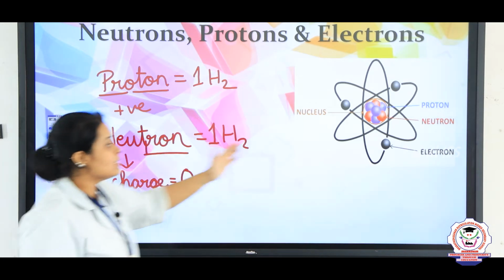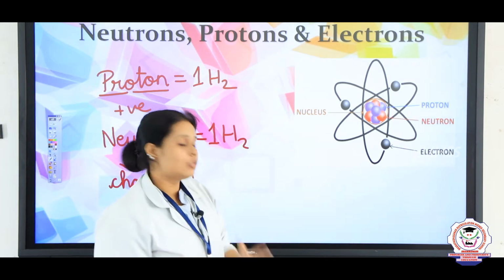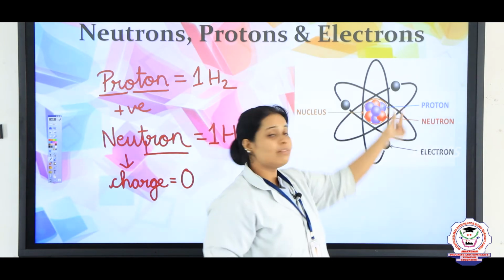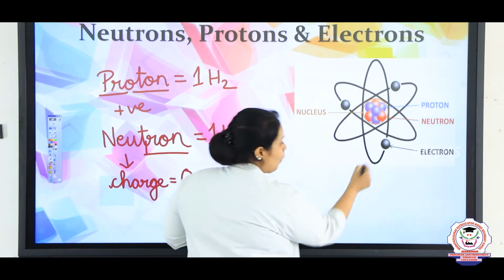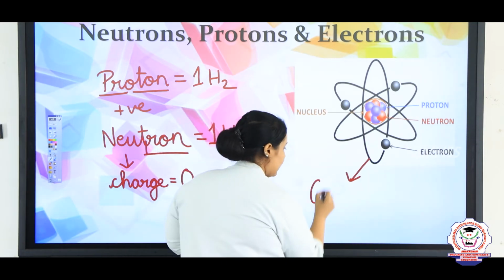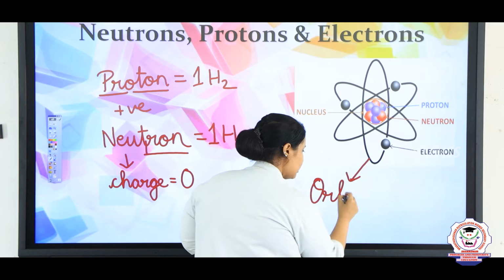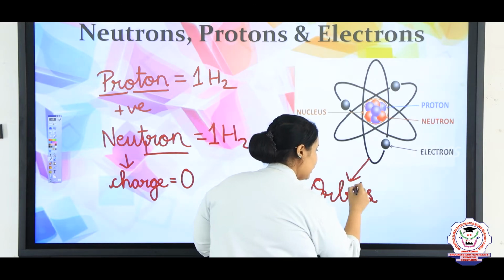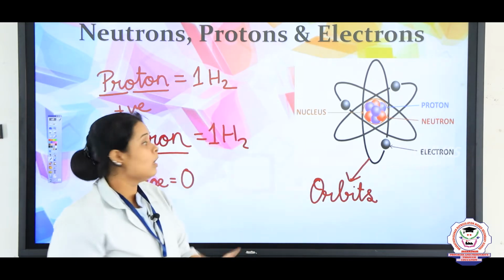And the last one is the electron. Children, I have told you that electrons revolve around in orbits. These black lines you can see are known as orbits, and the electron only rotates in the orbits.